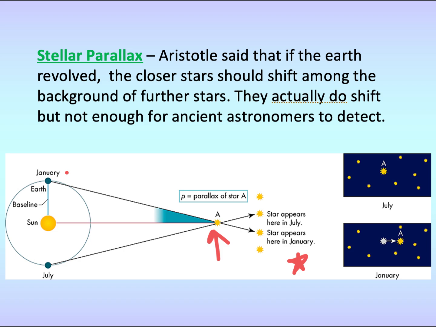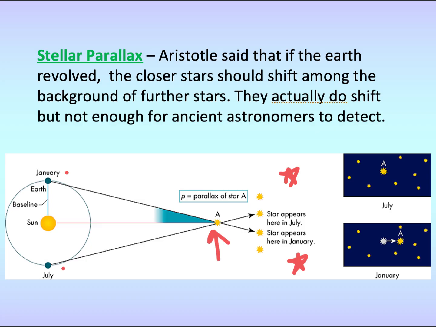Six months later, when the observer was at the July position, the same star A appears to be in a different position, with different background stars behind it. Though the star hasn't actually moved, the background makes it look as if it had moved because the Earth has moved.